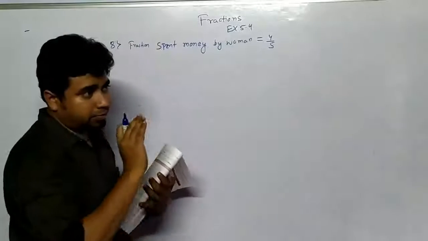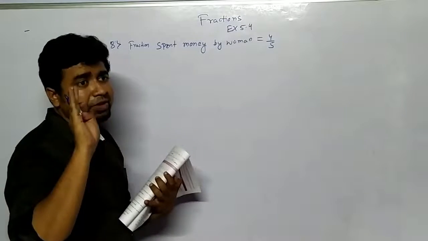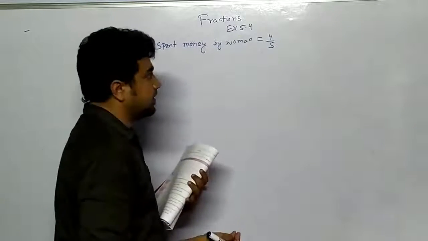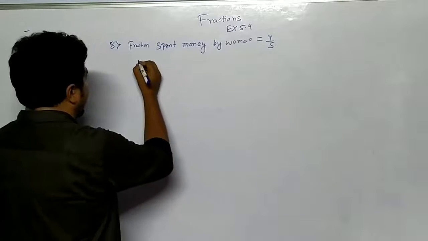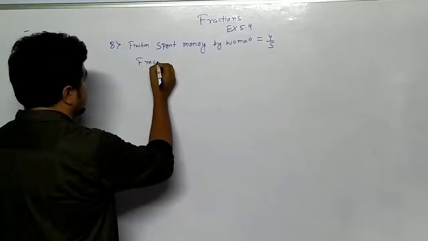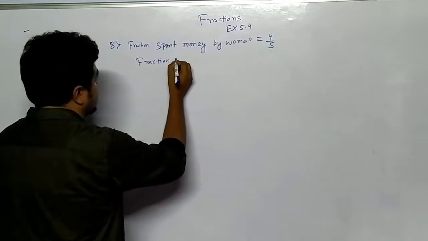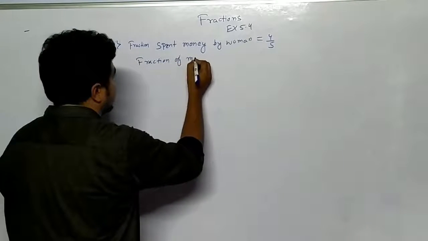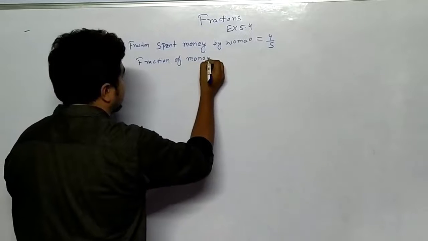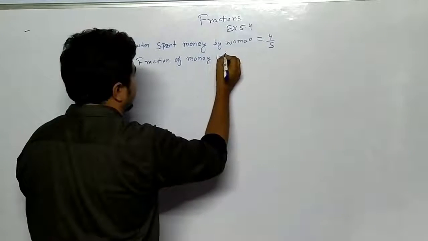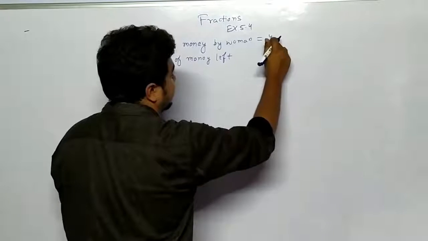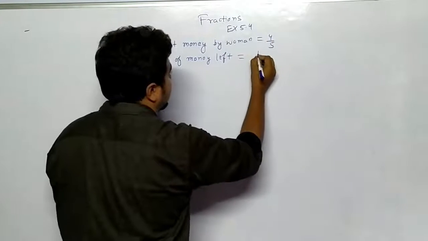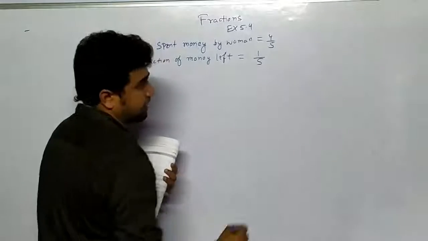Out of 5 parts, 4 parts have been spent. So what is left? Only 1 part. Fraction of money saved or left will be equal to, because 4 parts out of 5, 5 minus 4 is 1. 1 out of 5 is left.